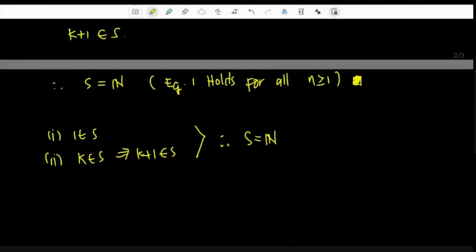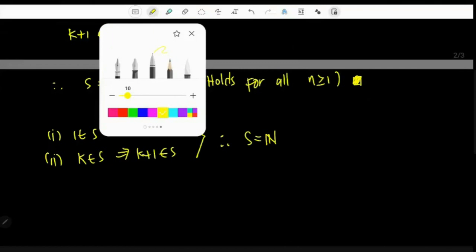The first item, 1 is in S, is called the basis of induction.